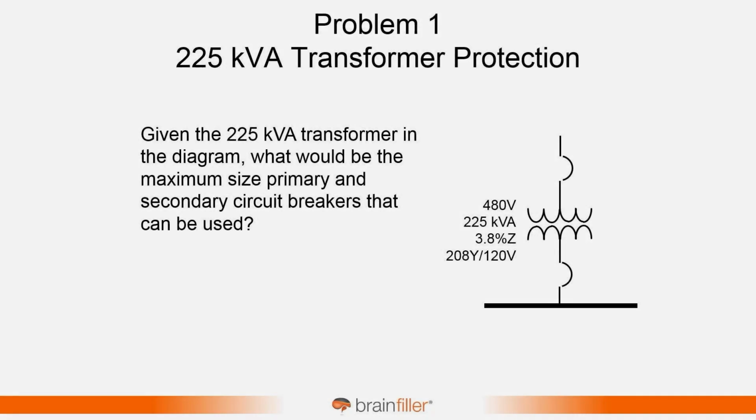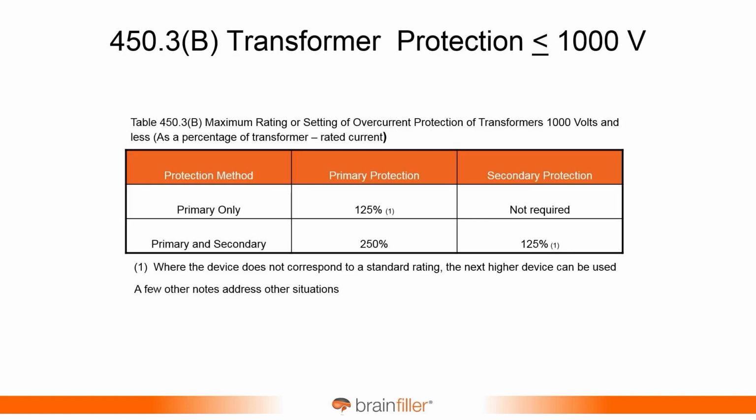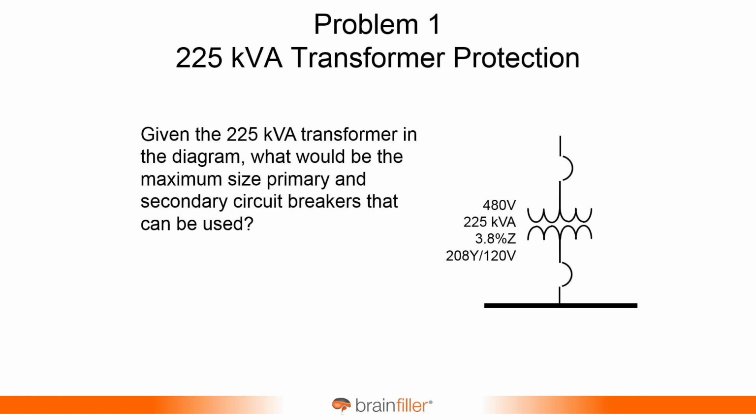Let me show you how to select the primary and secondary devices for protecting a transformer. And this is a 225 kVA transformer, and I'm going to walk you through the steps. And this will be using this table and also this table to solve this problem. We're going to size the maximum, not necessarily the optimal, but we're going to come up with the maximum sizes for these devices.